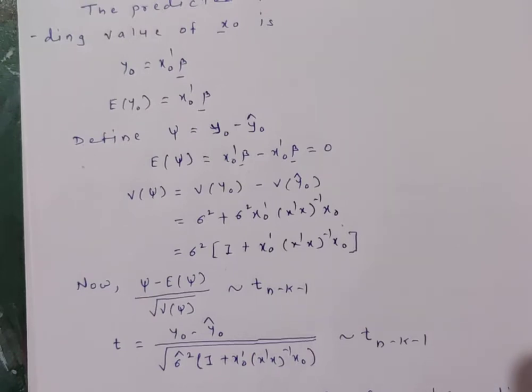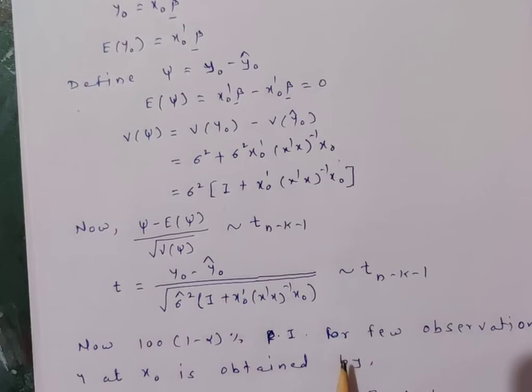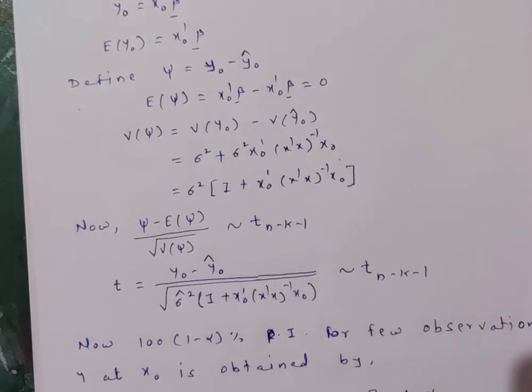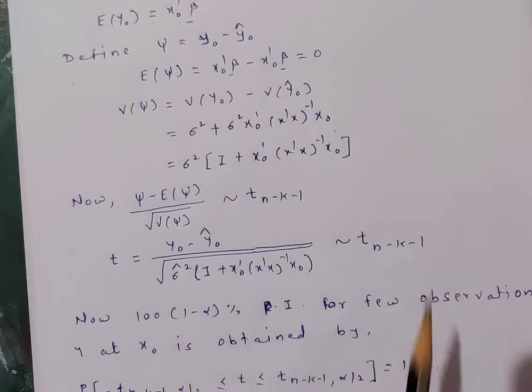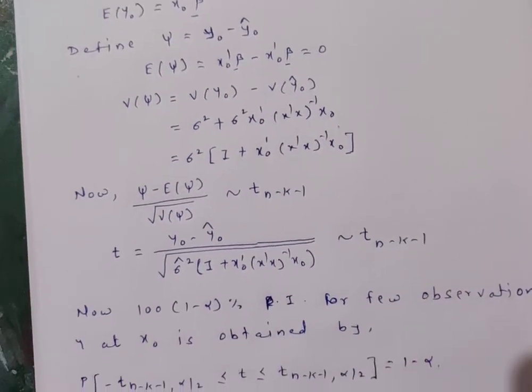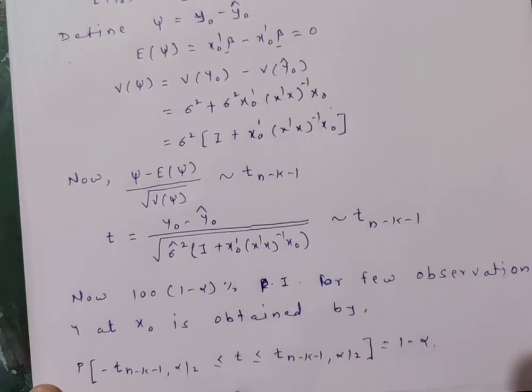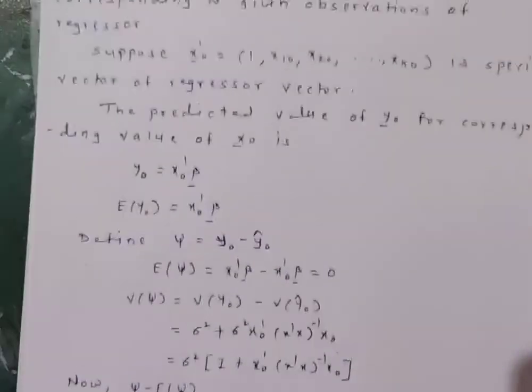Now the prediction interval for a future observation y at x0 is obtained from t lying between minus t n minus k minus 1, alpha by 2, and t n minus k minus 1, alpha by 2. This is equal to 1 minus alpha.